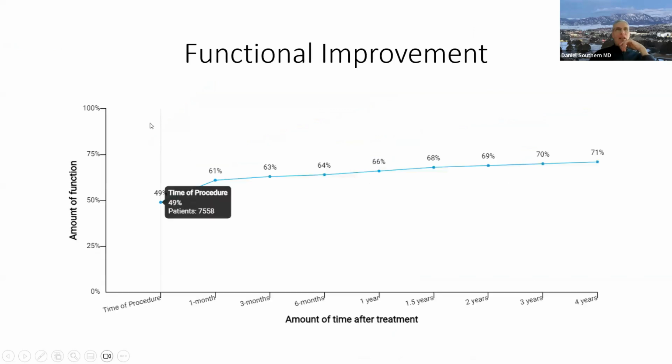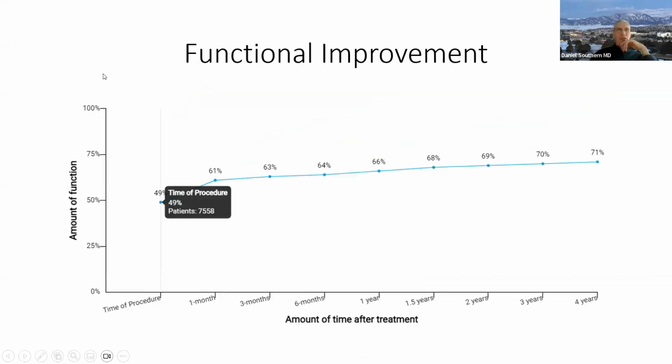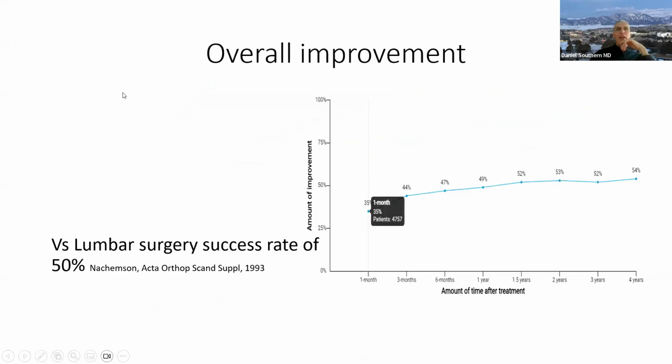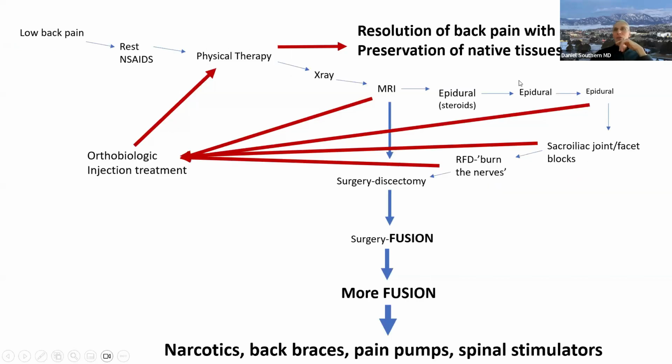We have taken the patient out of the algorithm, which pushes him towards surgery and fusion and this horrible mess down here. We've taken them out of the algorithm altogether, and we've returned them to a life of pain-lessened, pain-free spine.